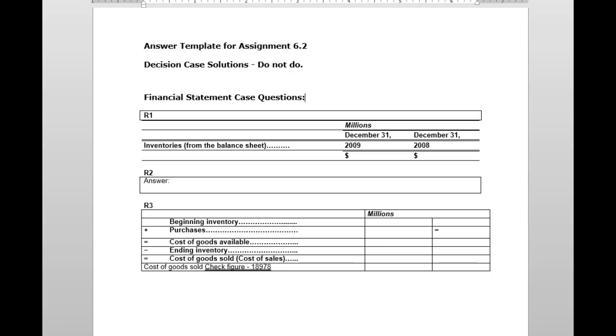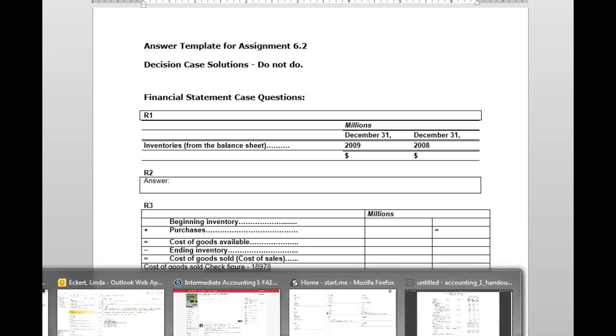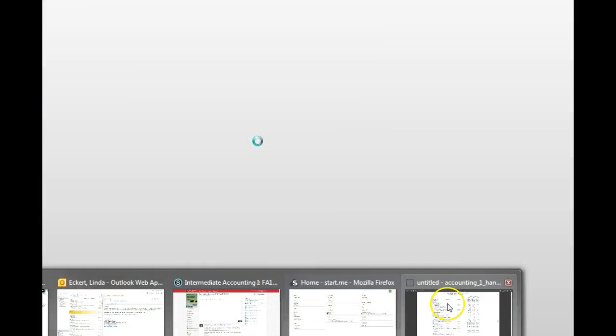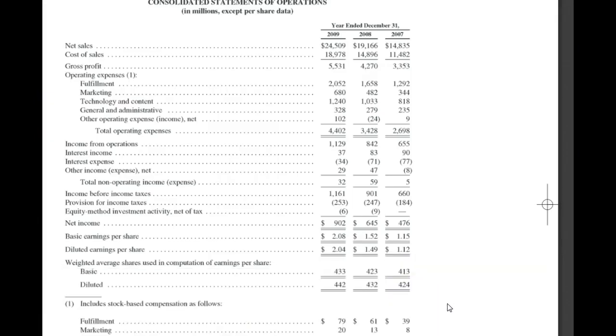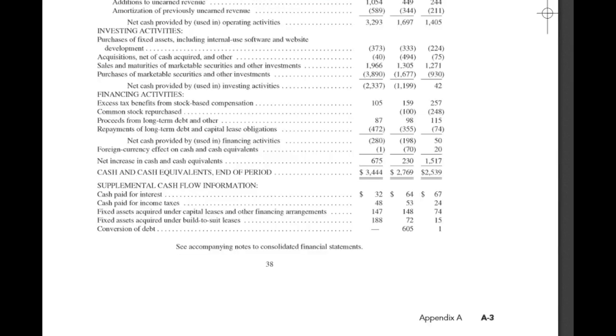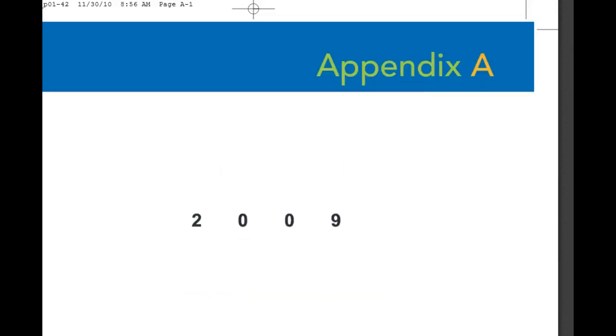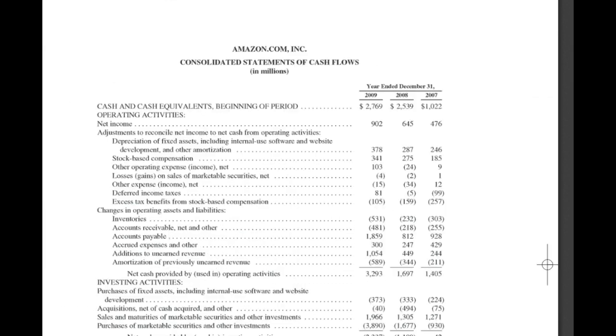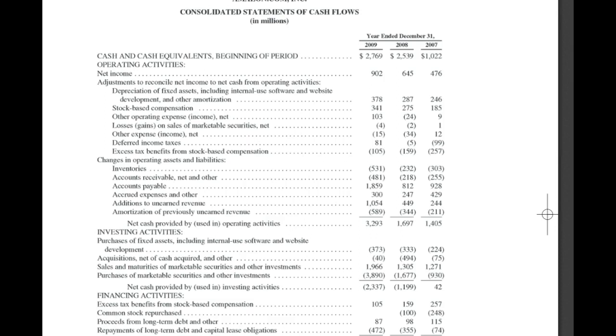First of all, you have to find the statement. There it is. And here we are. I guess it's all showing up for you, I hope. It is Appendix A. It should be 2009. And the first thing they ask you is to find the inventory.